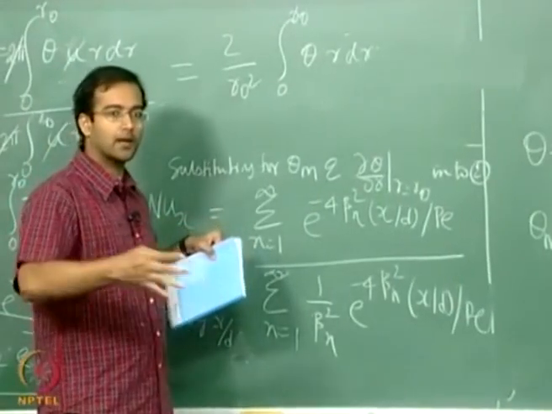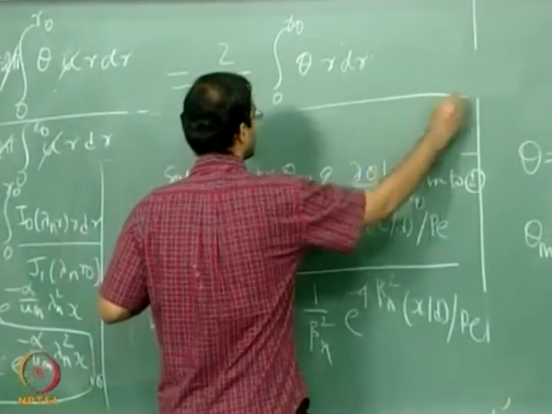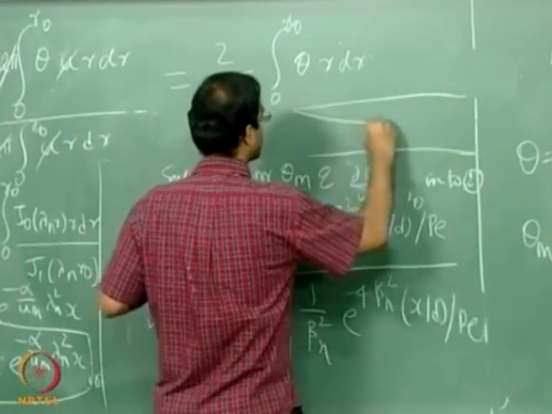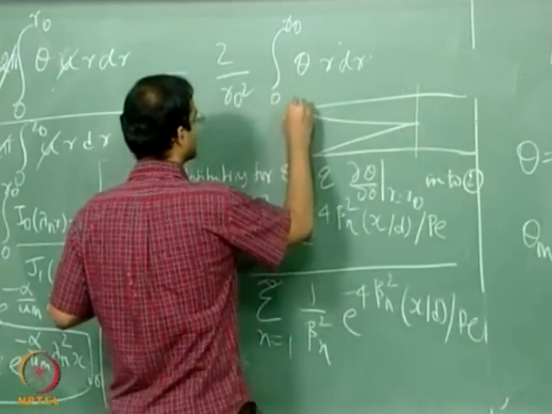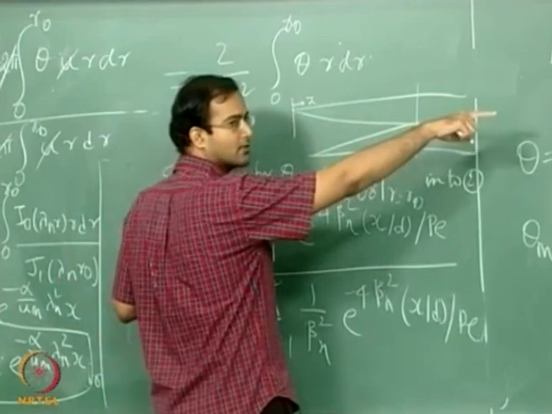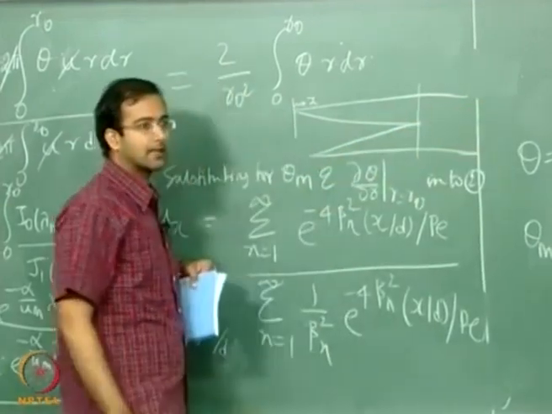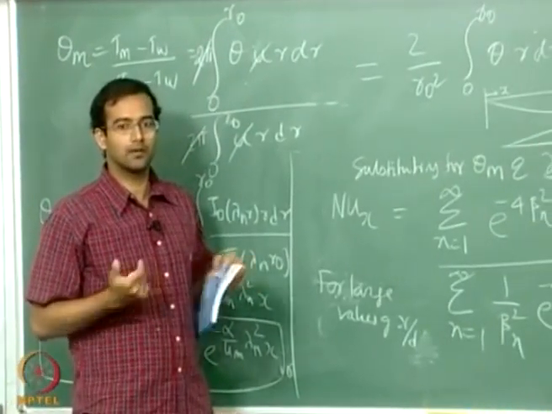So if you keep going down further and further, somewhere your thermal boundary layers will be meeting somewhere here. So now your x is somewhere here. If you go to large values of x, that will give you asymptotically the limit of thermally fully developed flows.